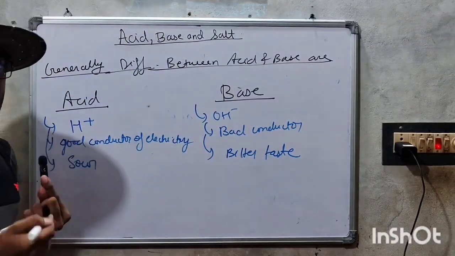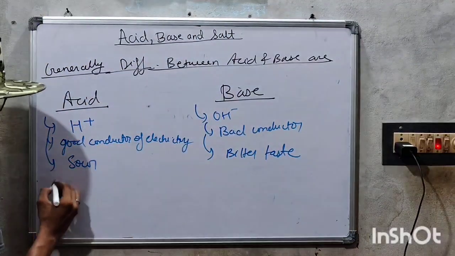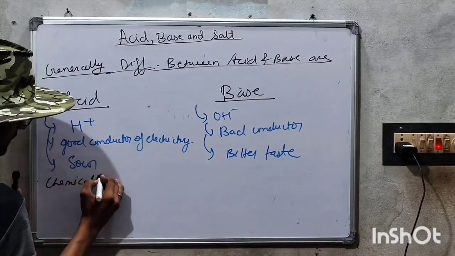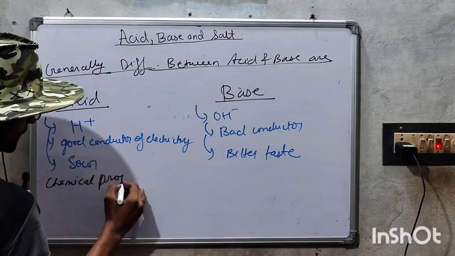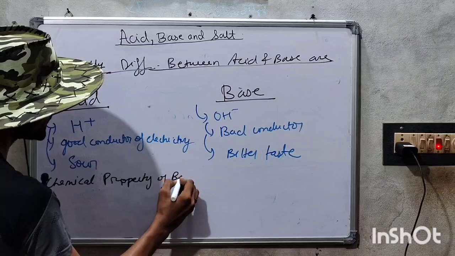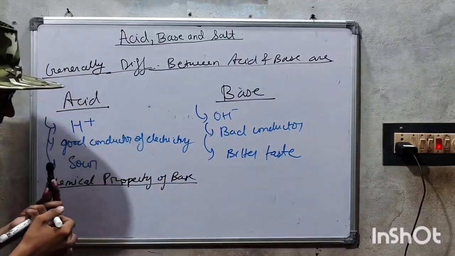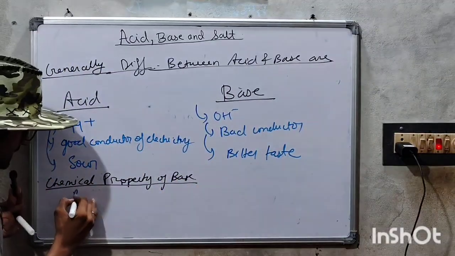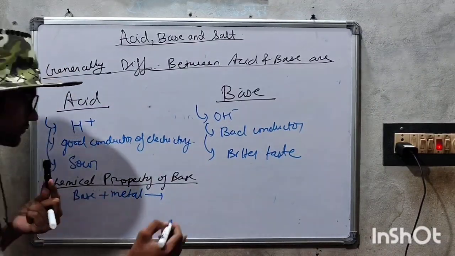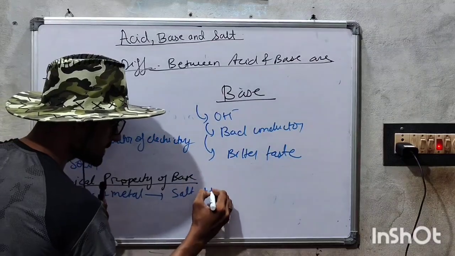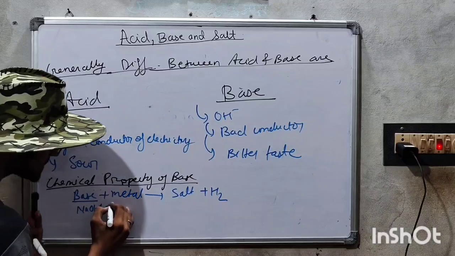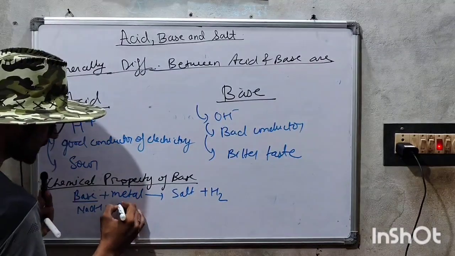Now, chemical properties of base. The first one is base plus metal, which will give salt plus hydrogen. For base we can take NaOH plus a metal, which we are going to take as Zn.